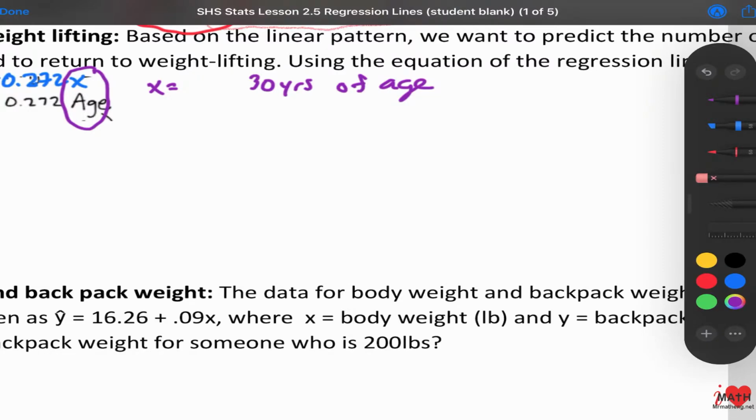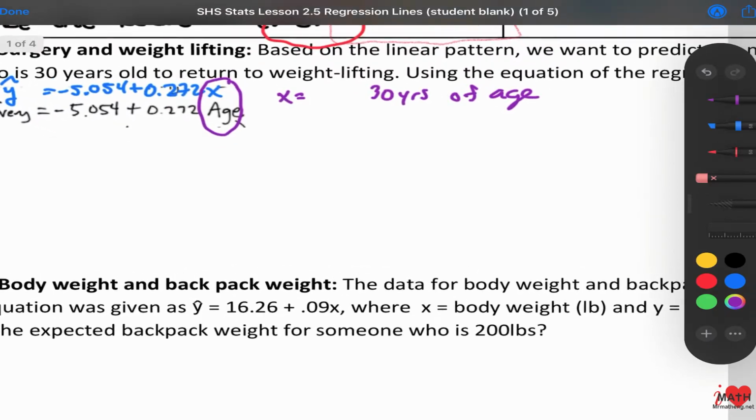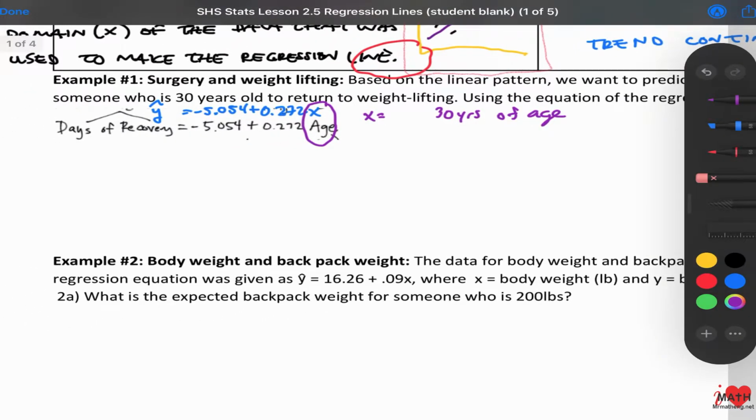X equals 30 years of age. And then y hat is the predicted number of days. Let's write that.